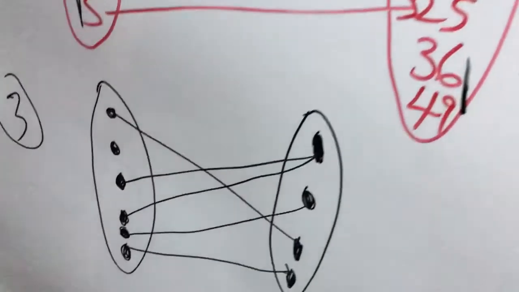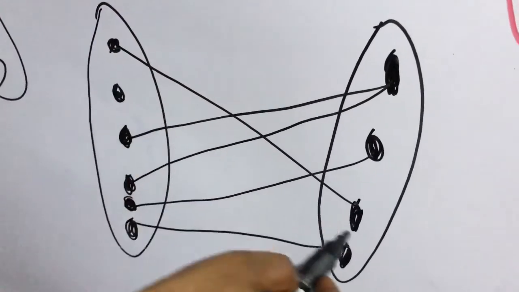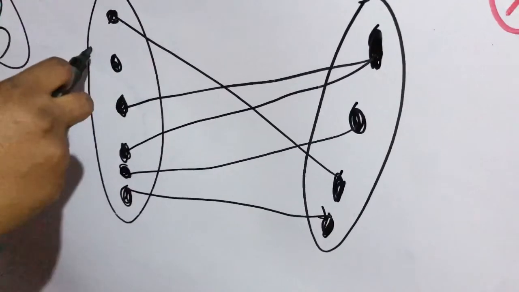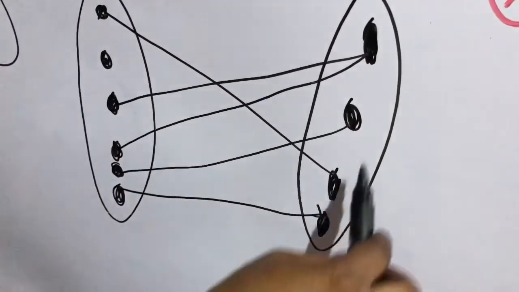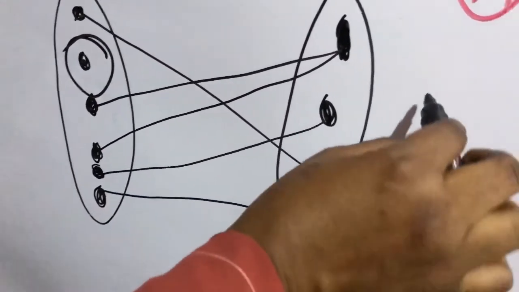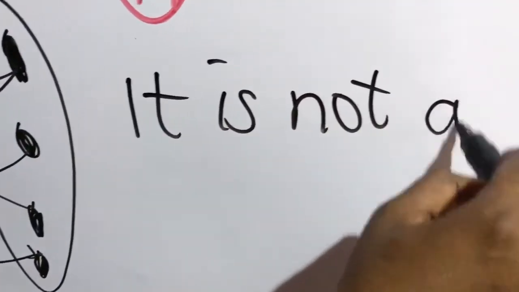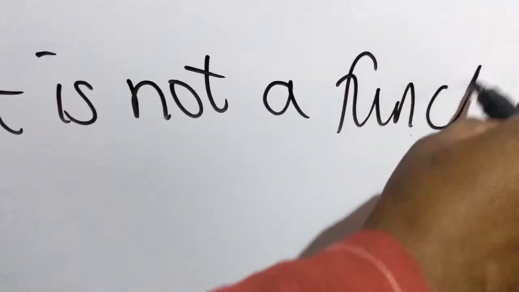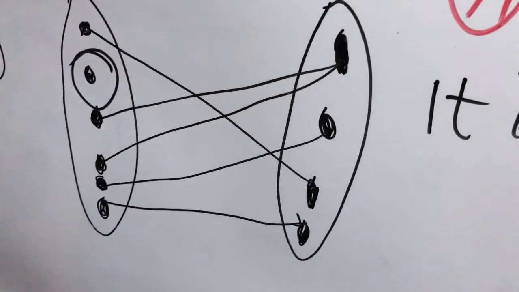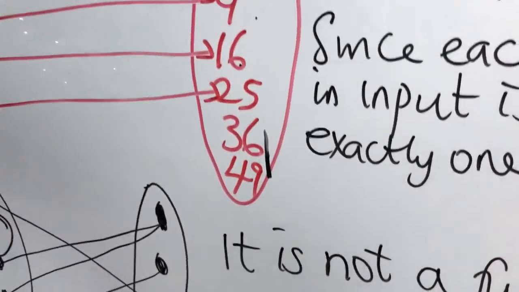Now number 3, the first element in the input is assigned to one element in the output. The second one is not connected to any output. So because of this reason alone, it shows that this is not a function, because there is one element in the input that is not assigned to any element in the output. So that is the meaning of that one.